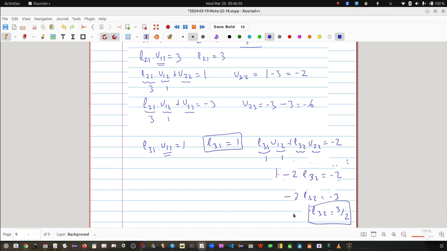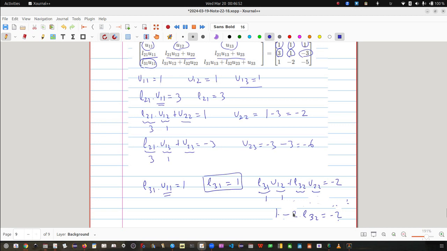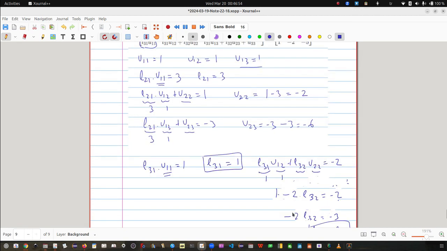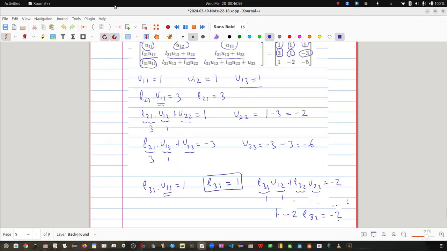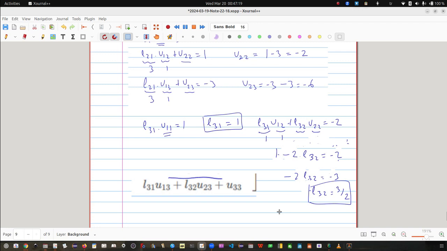And then the equation which is left, this one, is equal to minus 5. So L31 is equal to 1.